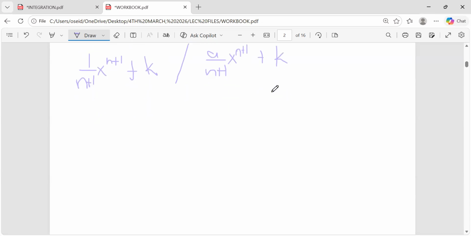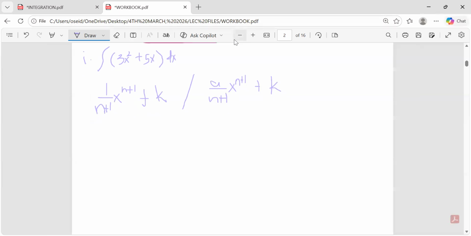Do you get it? So with this example, one term has a coefficient, which is 3, and the other term has a coefficient, which is 5. So we are fortunate enough. We are going to use this rule.